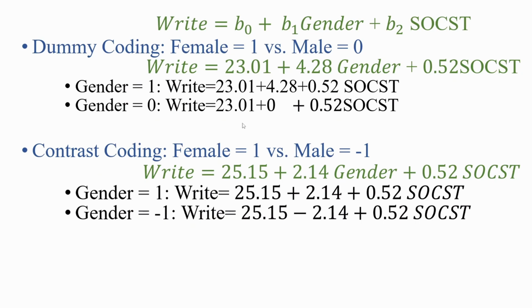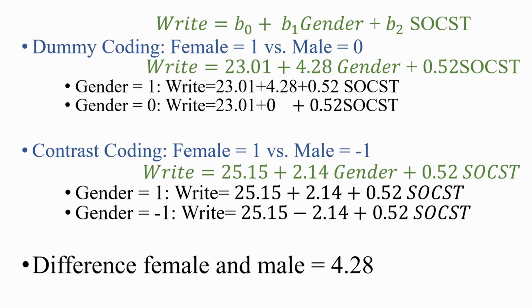Again, we're going to use 1 and -1 to represent female and male. Now the difference between these two statements is what? 4.28 as well. So now we know the difference between male and female in writing score is 4.28. If you use dummy coding in multiple linear regression, the regression coefficient for this dummy coding variable represents the difference between these two levels.